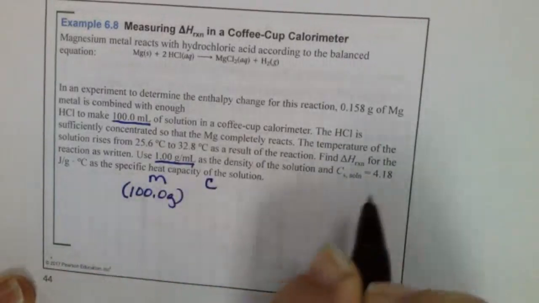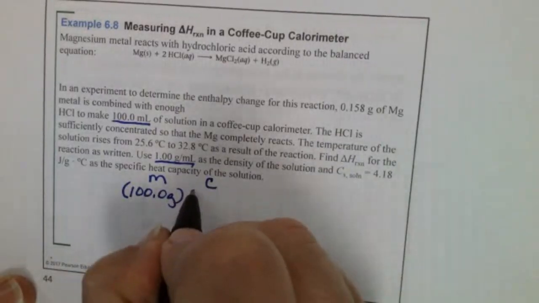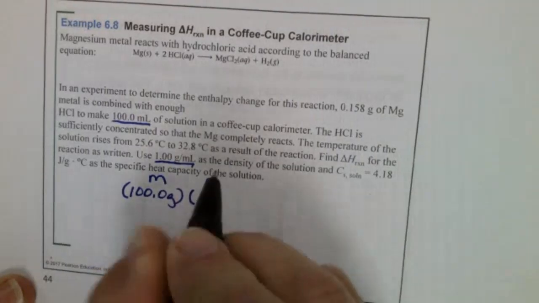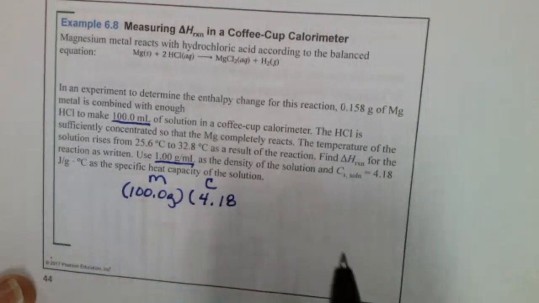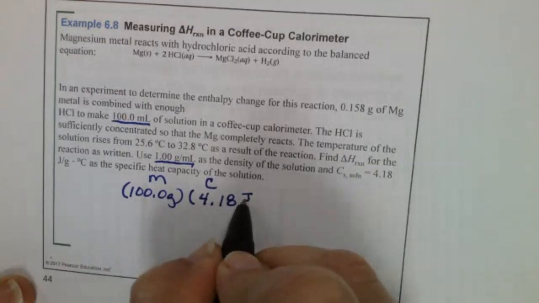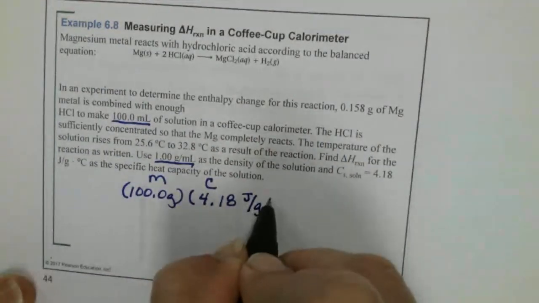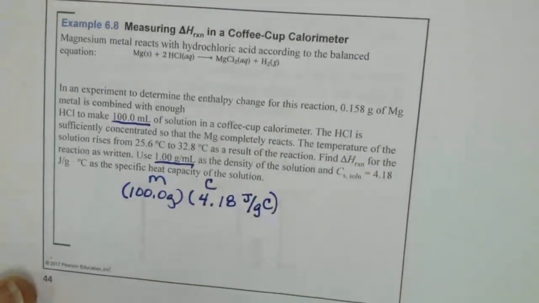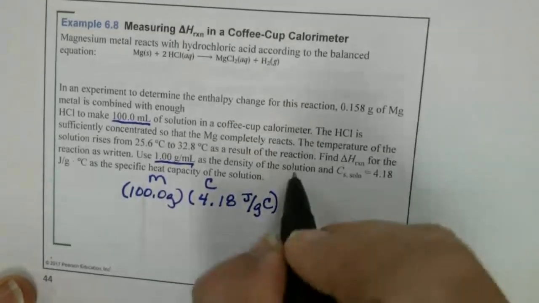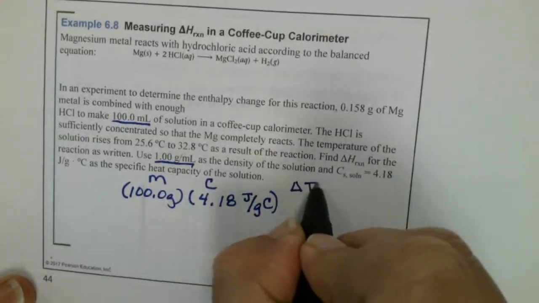They tell us the C to use, and we're going to assume that our coffee cups aren't going to absorb much, if any, in this reaction. And then we're going to do the change in temperature.